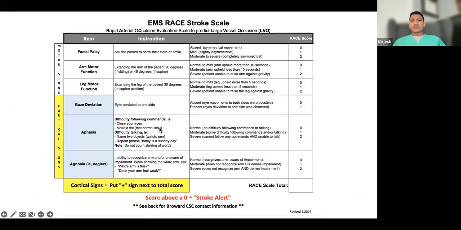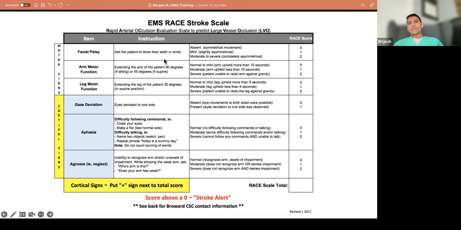And so let's go into this in a little bit more detail. So when you see a patient in the field, and let's say the patient is down on the ground, and after the initial ABCs, you make sure that they're stable from an airway, breathing, circulation standpoint, and you begin your stroke assessment, let's say the family says it was sudden onset, symptom onset was 5 minutes ago, last seen normal time. So you want to log that, okay, what time were they last seen normal?